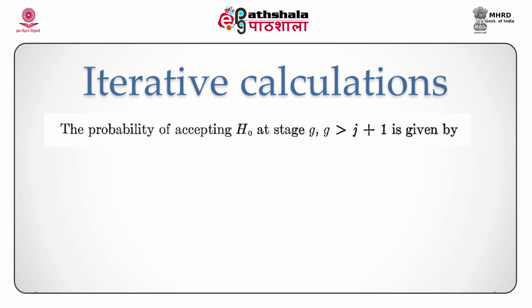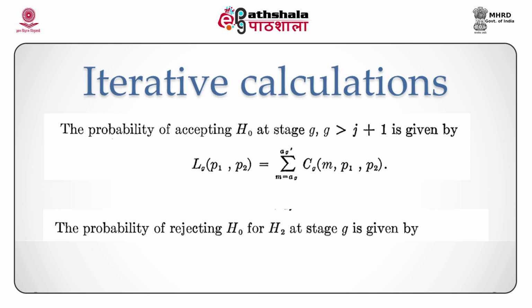The probability of accepting H0 at stage G, where G is greater than J plus 1, is given by L_G P1 P2 equal to summation of C_G m P1 P2 from AG to AG star.